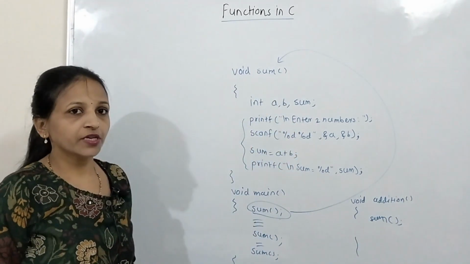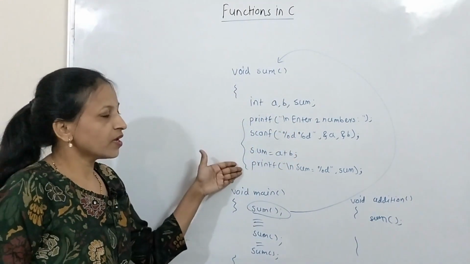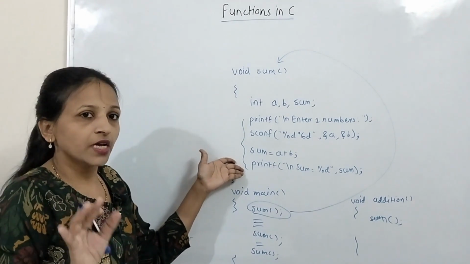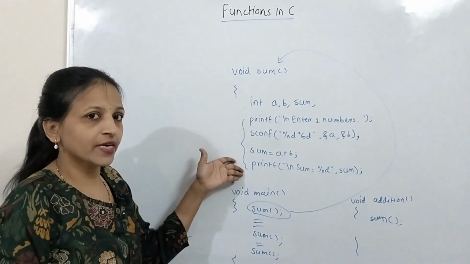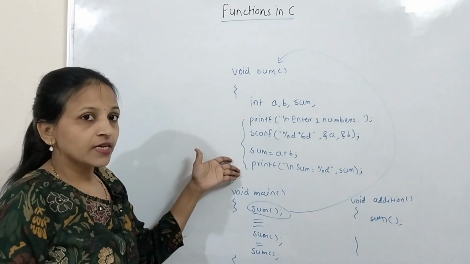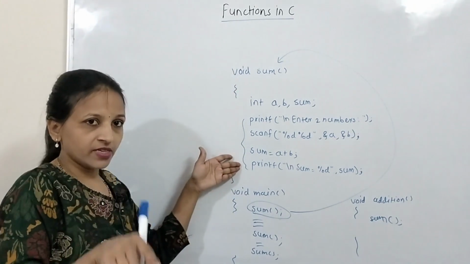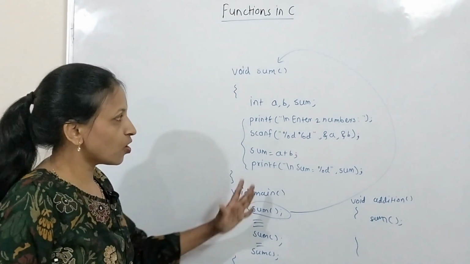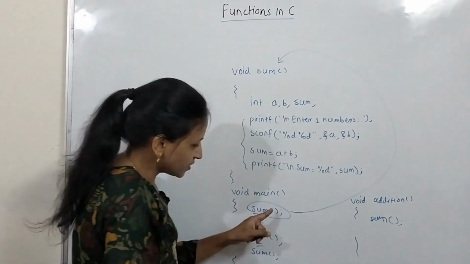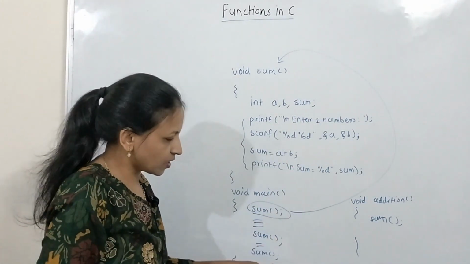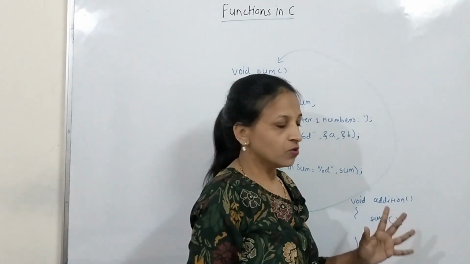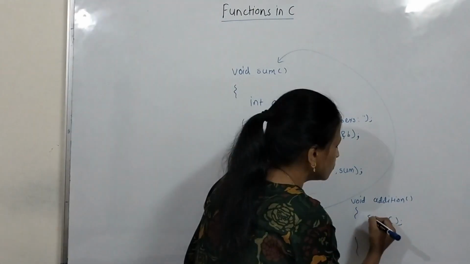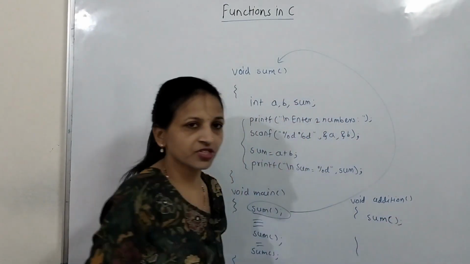Whatever code I want to repeat any number of times or at any place, I have written only once, and then I can call it any number of times: first time, second time, third time, and here again. In this way we can do it with the help of the function concept.